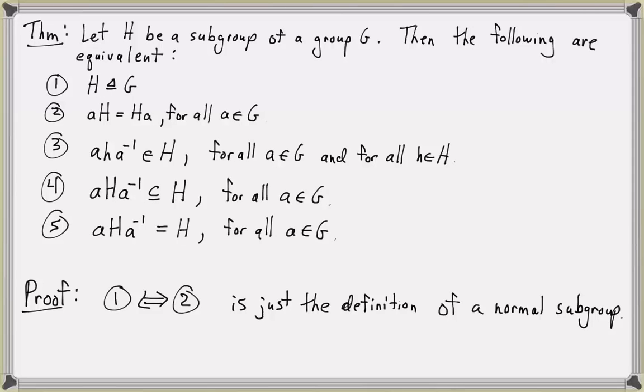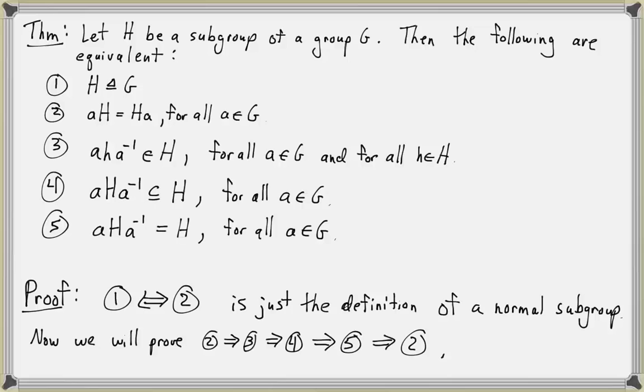So to complete this proof, we're actually going to prove a chain of conditional statements. So now we will prove 2 implies 3, implies 4, which implies 5, and that implies 2. If we can prove this chain of conditional statements, then that will show that each statement proves the others.